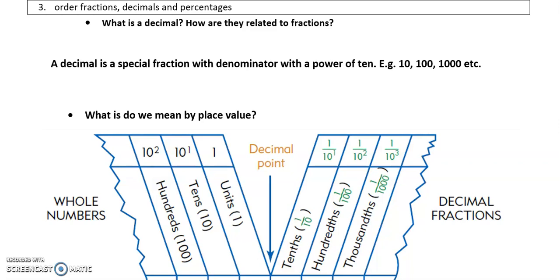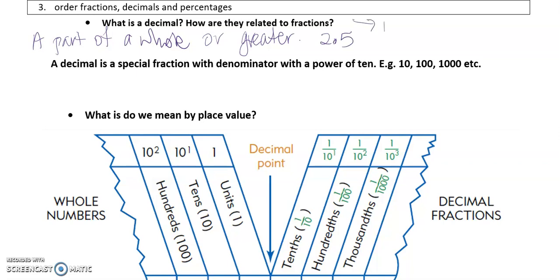Fantastic. So I'm guessing that you wrote down something similar to your fraction definition. In other words, a decimal is a part of a whole. However, it could be greater than a whole. Because if I have 2.5, say, that is greater than a whole. How are they related to fractions?